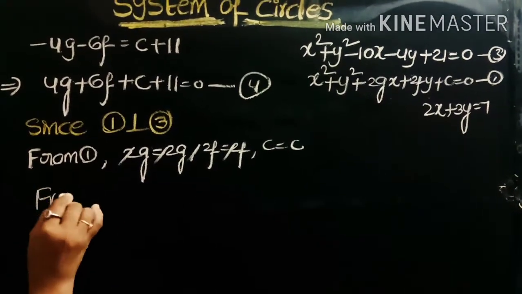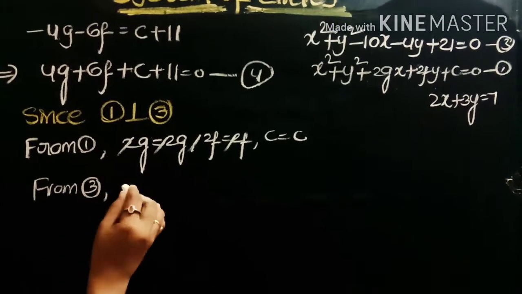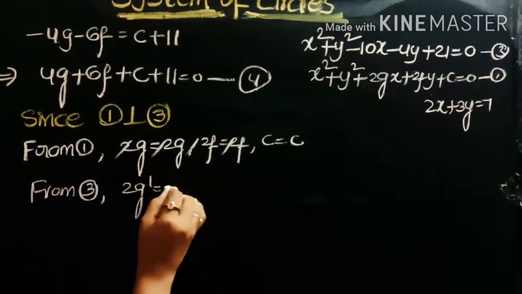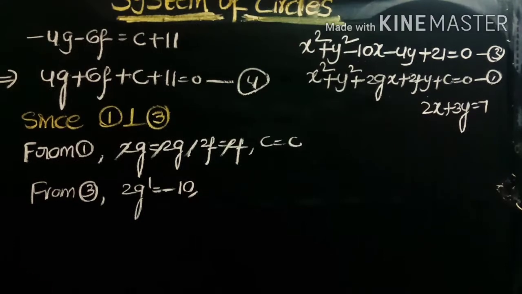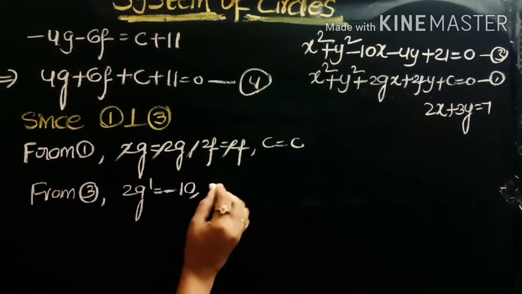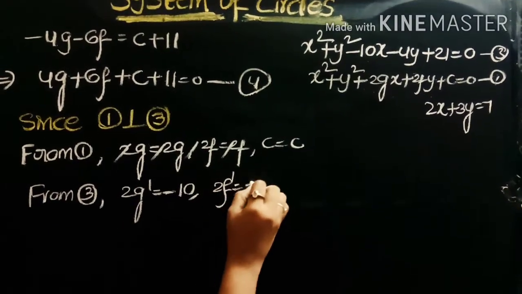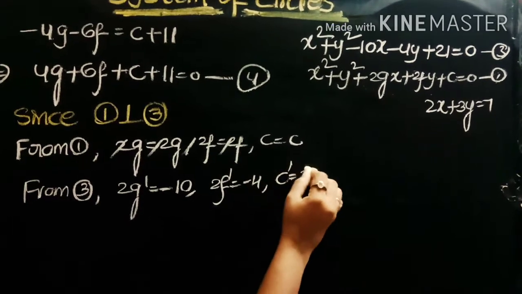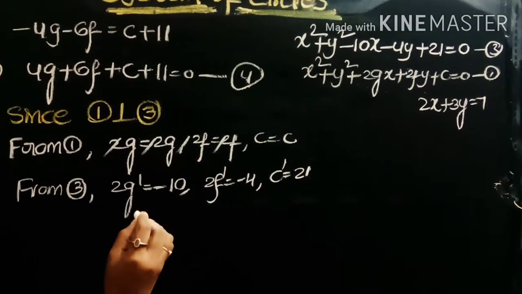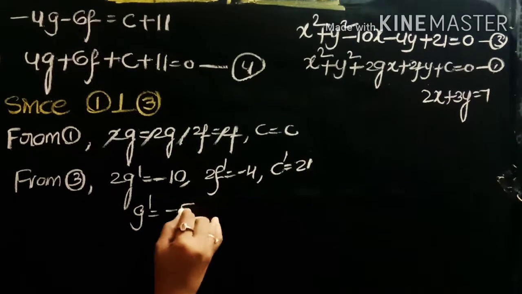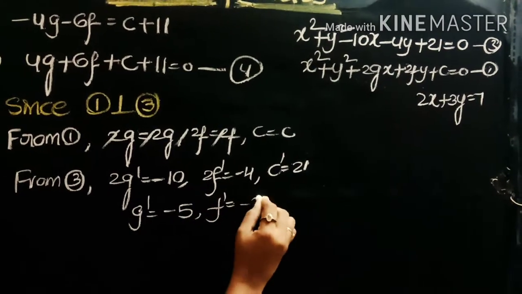And from equation 3, 2g dash is equal to minus 10 and 2f dash is equal to minus 4 and c dash is equal to 21. That is, g dash is equal to minus 5 and f dash is equal to minus 2.